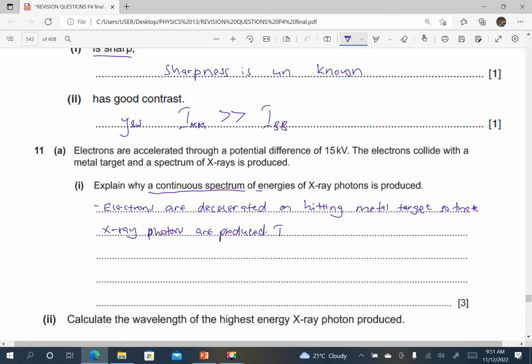The electrons have a range of decelerations in the target, and the photon energies depend on the magnitude of decelerations.